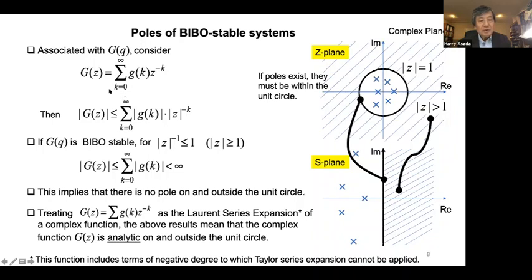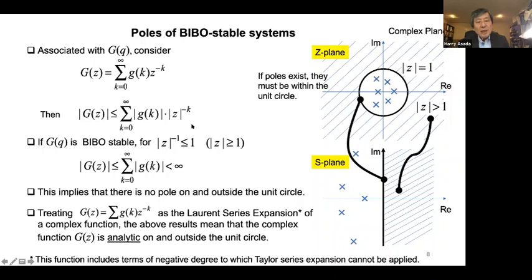If G(q), this system, is BIBO stable, okay, let's think about the value of z. That is, the inverse is to be less than or equal to 1. In other words, the absolute value of z is 1 or greater than 1. That says that this is basically a unit circle, right? From here to this edge the length is 1, so |z| = 1 is basically mapped to a unit circle in the complex z-plane, right?